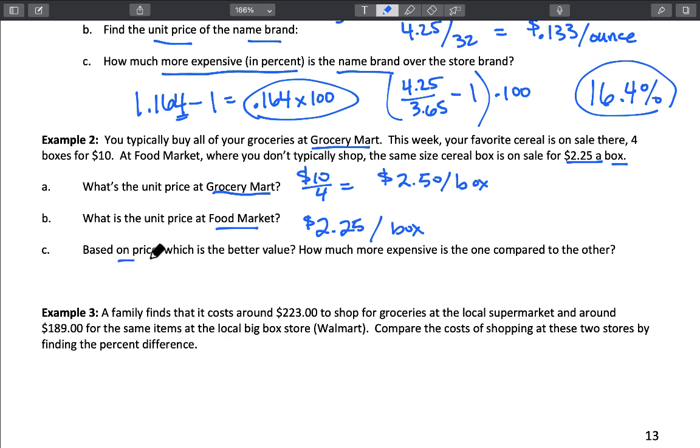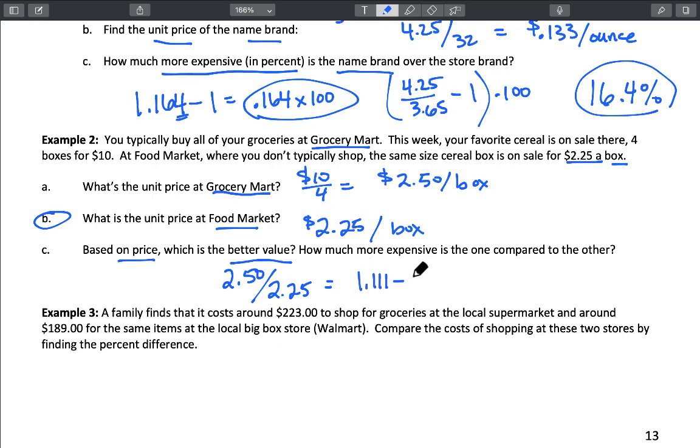Okay, based on the price, which is a better value? How much more expensive is the one compared to the other? Well, you can see right away that Food Market's going to have the better value, but let's find out how much more expensive the Grocery Mart box is. If I take $2.50 and divide it by $2.25, that's going to give me 1.111.